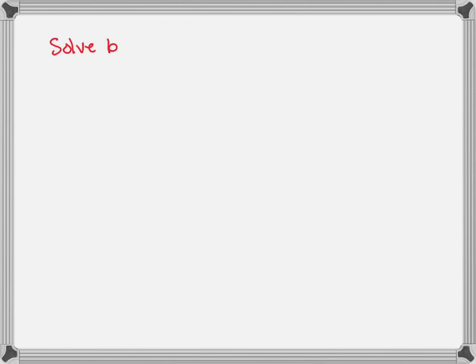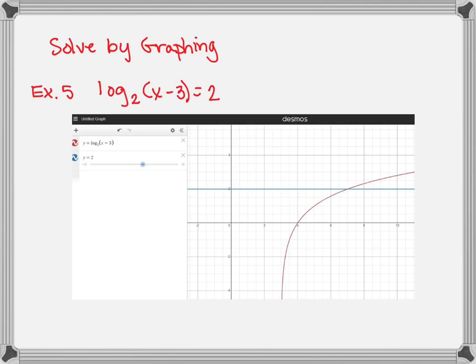Okay, so we just looked at 4 examples solving logs algebraically. Let's look at an example where we are solving it by graphing. So we've got the equation log base 2 of x minus 3 equals 2. Now, we saw this in the Explore journal.